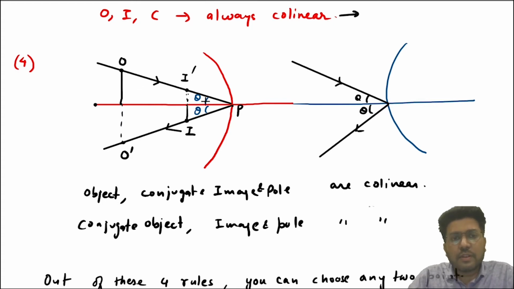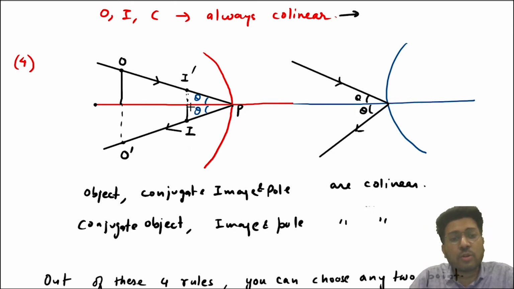So the incident ray was on one side of the principal axis, and the reflected ray will be at the same angle but on the other side. When light is incident on the pole, there will be a symmetric reflected ray with respect to the principal axis.